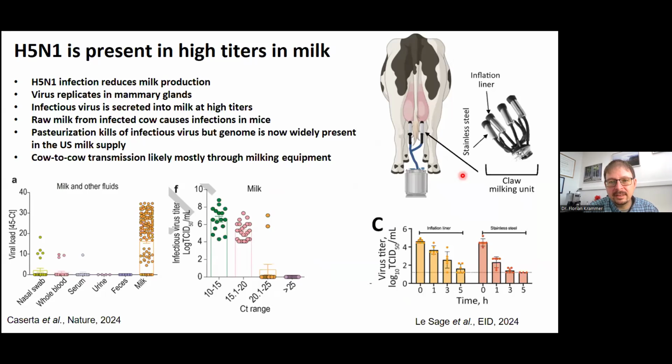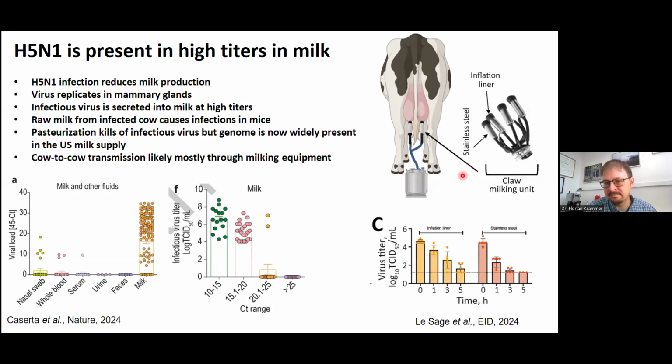And actually, a lot of infectious virus is secreted into milk, partially up to 10 to the 9th plaque-forming units. So that's really, really high. It's hard to get those titers in cell culture if you grow the virus in a laboratory. And from that milk secretion, the milking equipment gets contaminated and then spreads from cow to cow.